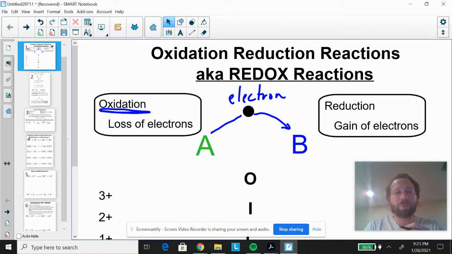That's reduction. So oxidation is losing electrons, reduction is gaining electrons. And when we're doing these types of reactions, you can't have one without the other. You can't lose electrons and then have them just sort of disappear without something else accepting those. And conversely, you can't gain electrons without something giving those electrons to you.